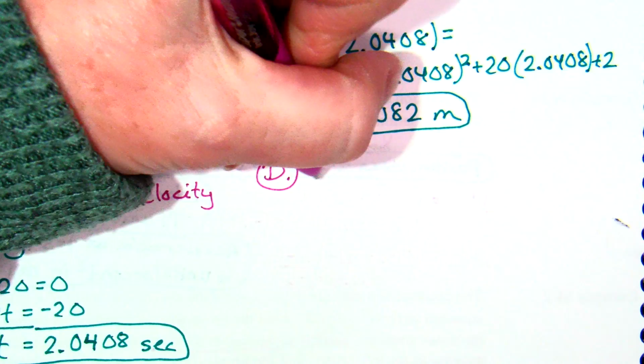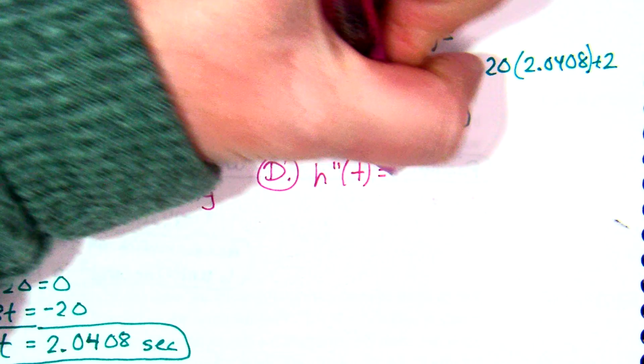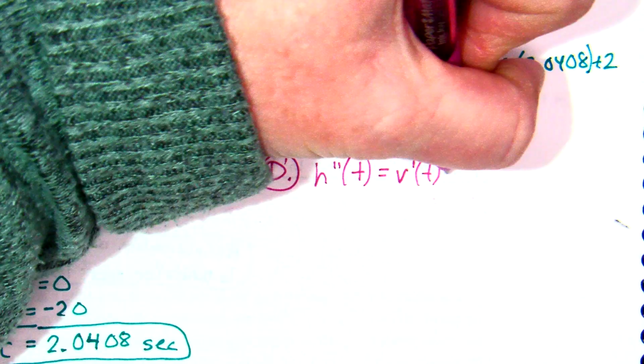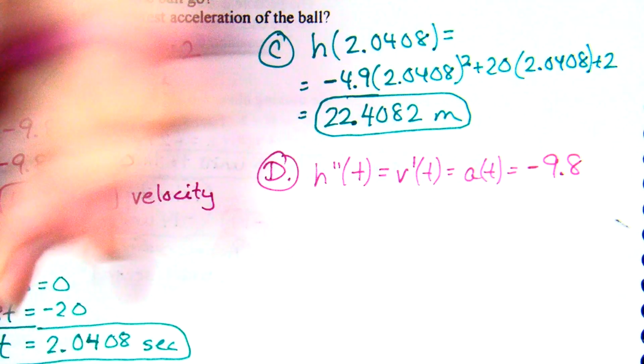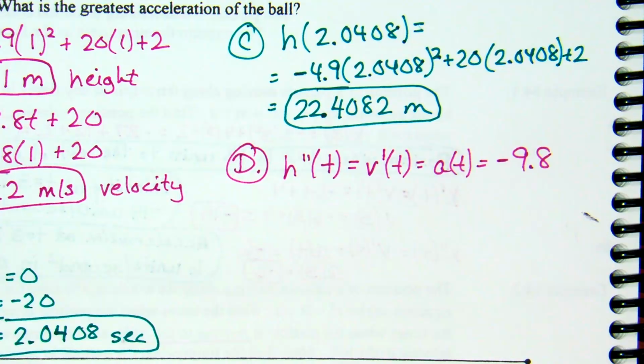Officially, no. So if you find h double prime of t, which is v single prime, that will be acceleration. What is that derivative? Negative 9.8. So when it says what is the greatest acceleration of the ball, well, the acceleration is constant. It's always the negative 9.8 meters per second squared.